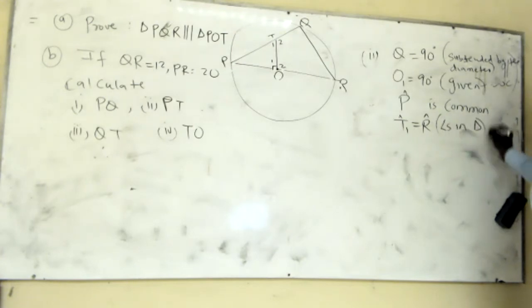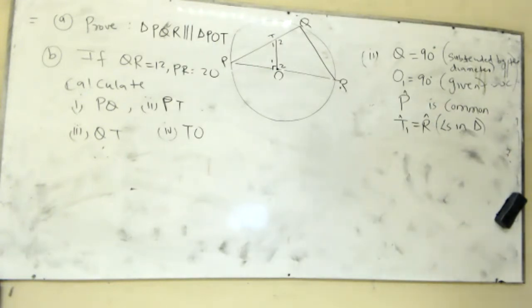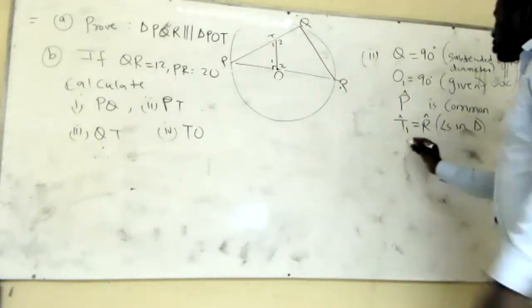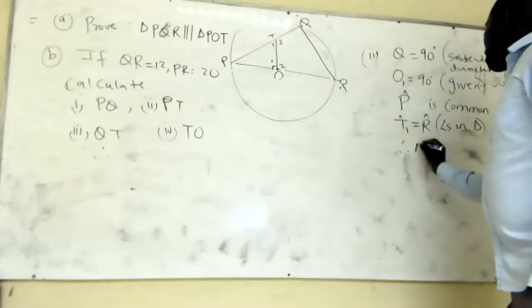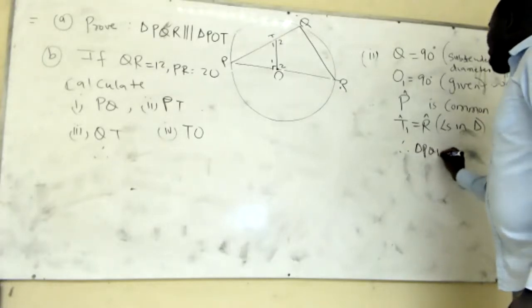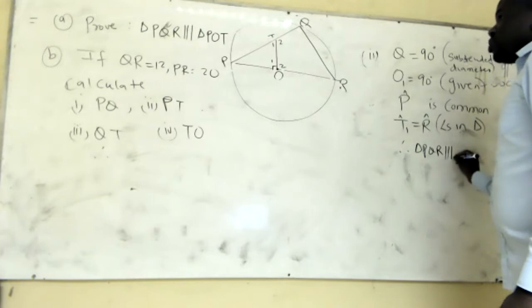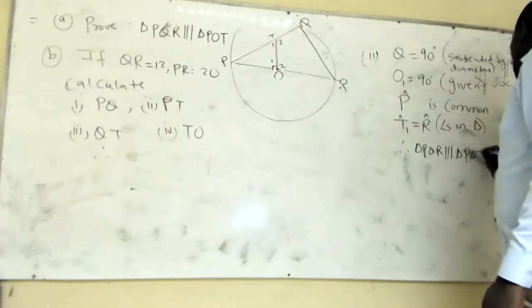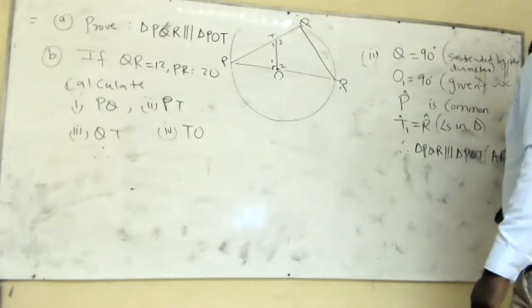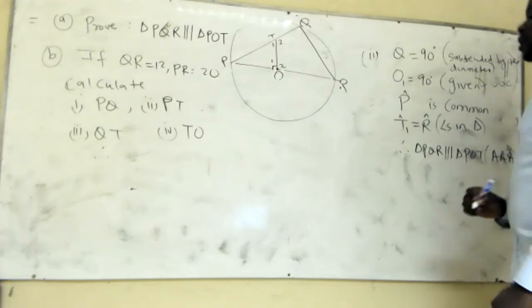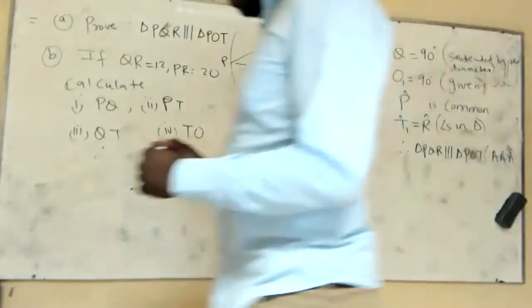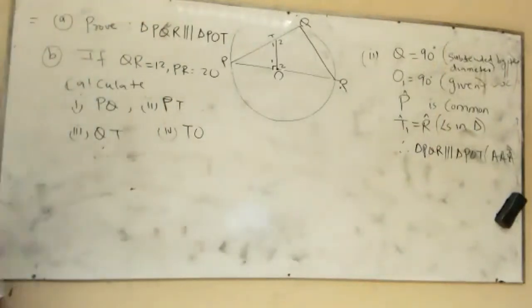These are angles inside the triangle. Very true. Those are the angles inside the triangle. And therefore, with that information, we can then conclude that PQR is similar to triangle POT. Why? Because we have angle. Is there anyone who has a question with regard to question number 1? We are all fine, right?